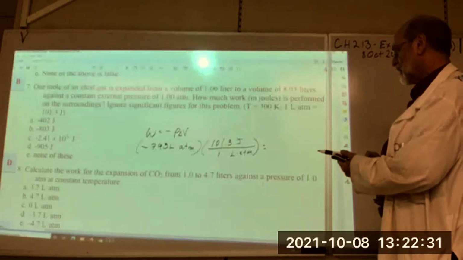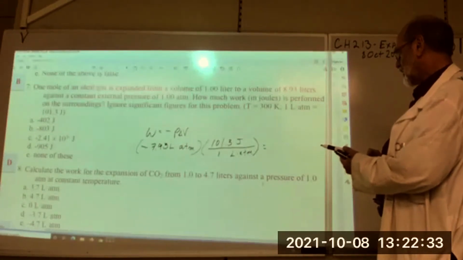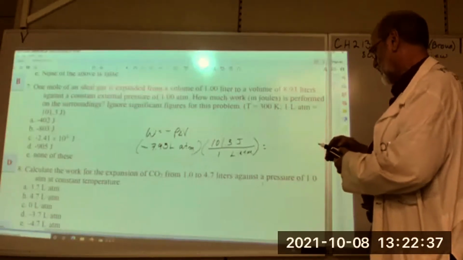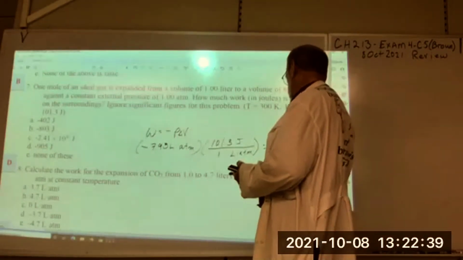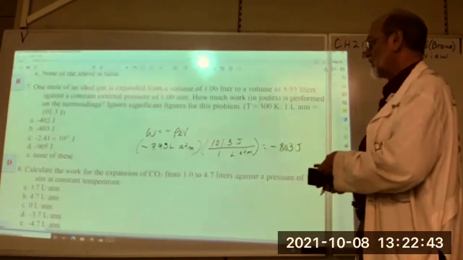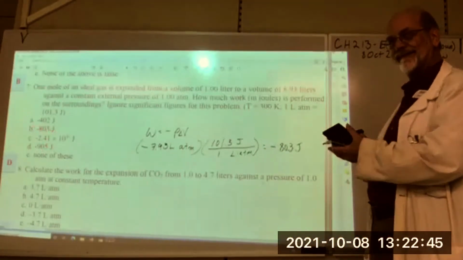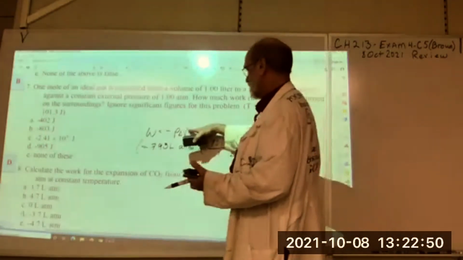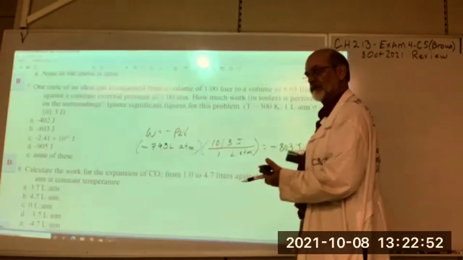So I get, rounded off to 3 places, minus 803 joules. There it is. Okay, so I had to do 2 things here. We had to remember this part, and we had to make the conversion.